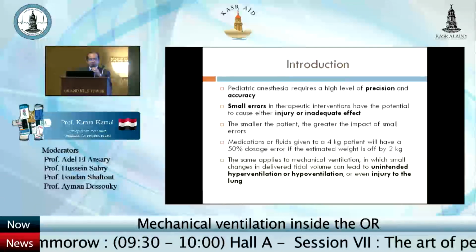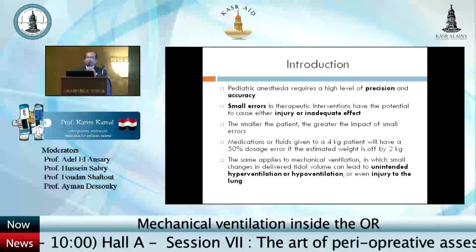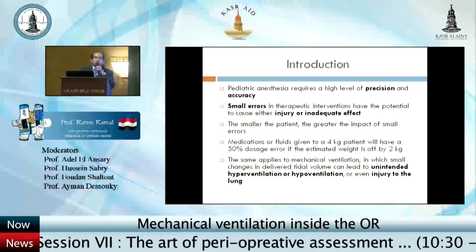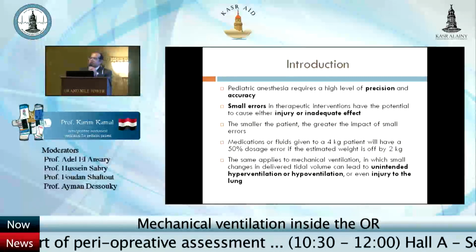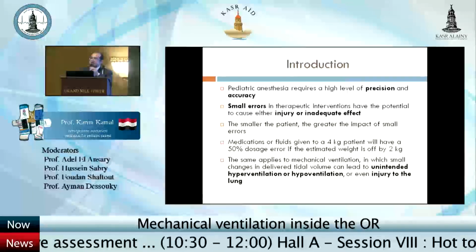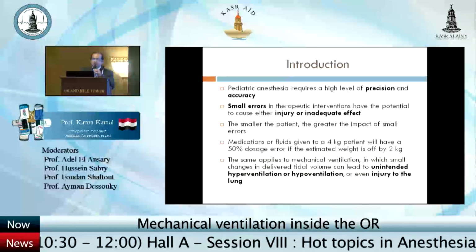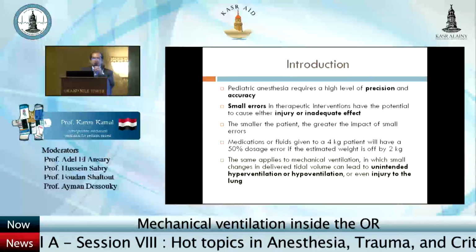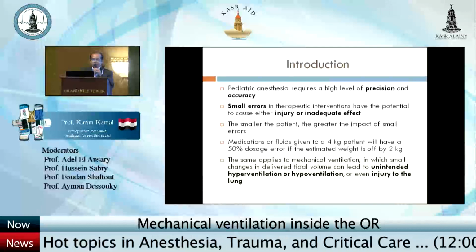And the smaller the patient, the greater the impact of these small errors. When you're dealing with a 4 or 3 kilogram child, it's different than when you are dealing with a 20 kilogram child. The smaller the child, the less the margin of error.